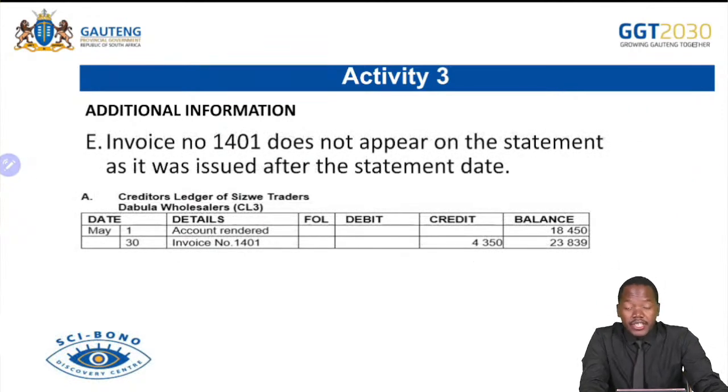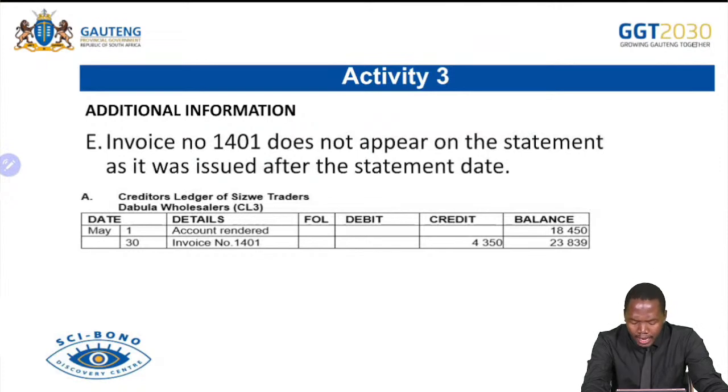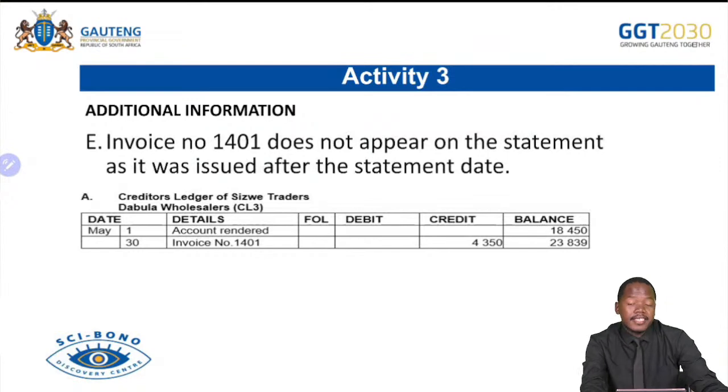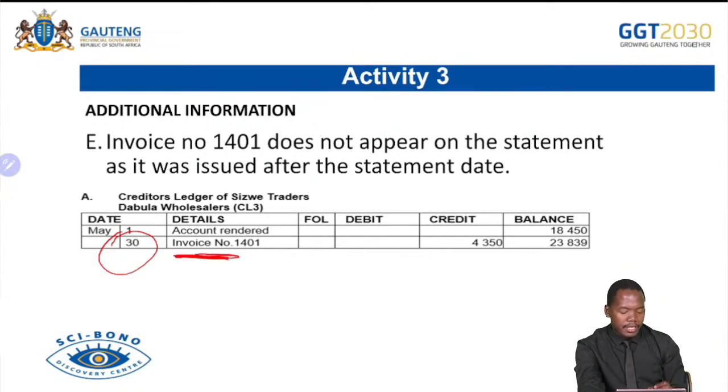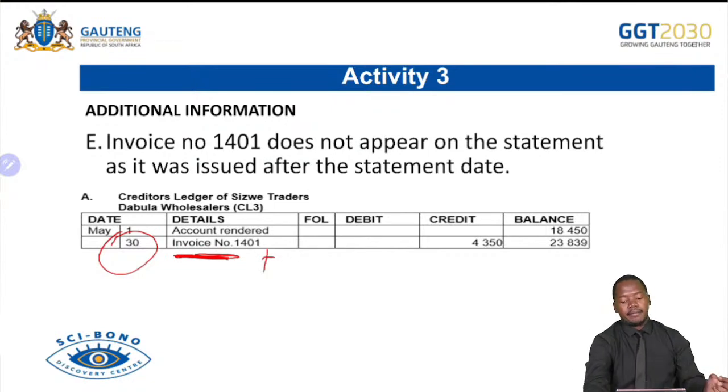Moving forward, additional information, E. Invoice number 1,401 does not appear on the statement as it was issued after the statement date. Remember, statement date is 29 of each month. Now, this one is showing on the 30th. So it is also an invoice. If I see the word invoice correctly appearing, I think of adding. It's 4,350.